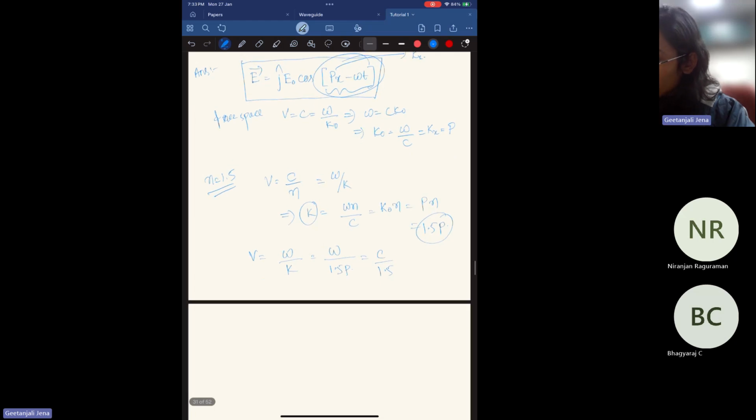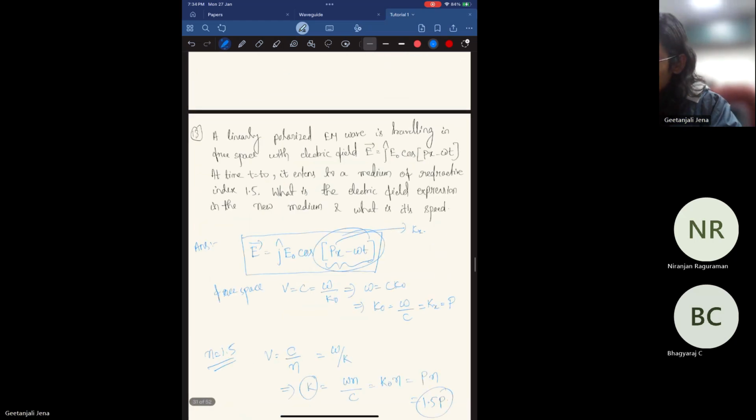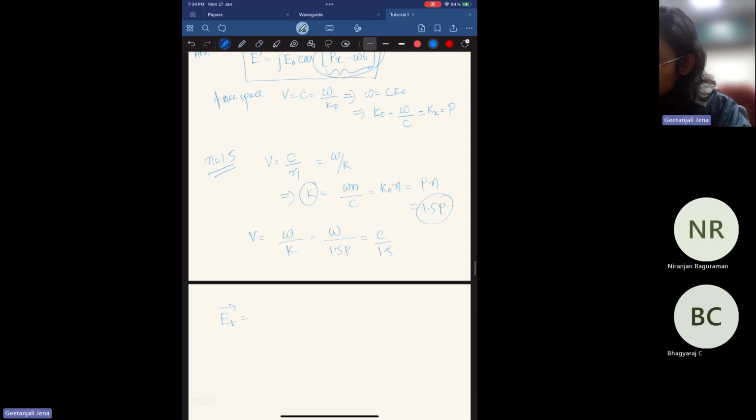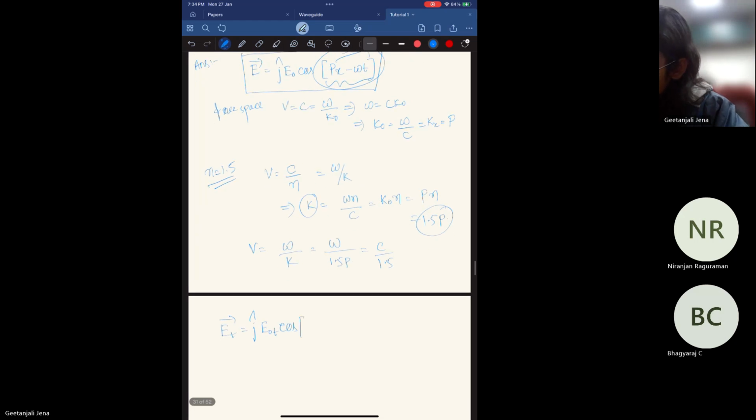And what is the expression for the transmitted electric field? It will be E_T is j-cap E0 cos(kx minus omega t). And kx you already calculated, it is 1.5 times p.